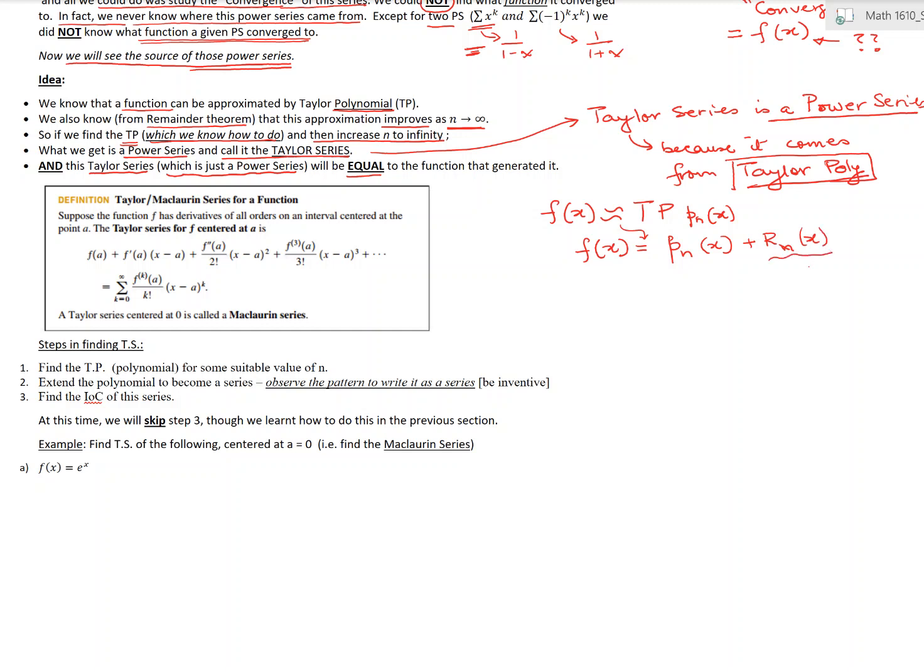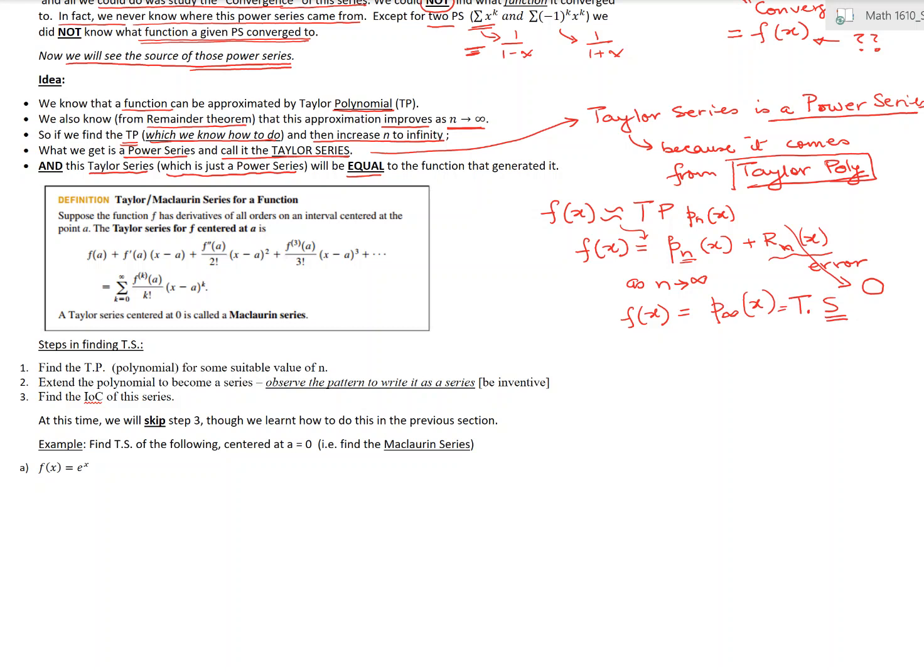This was that remainder, the error. Now as n goes to infinity, the remainder goes to 0, which was the remainder theorem. So f of x becomes P as n goes to infinity. I'm making up this notation, P infinity of x. That means basically the Taylor series.